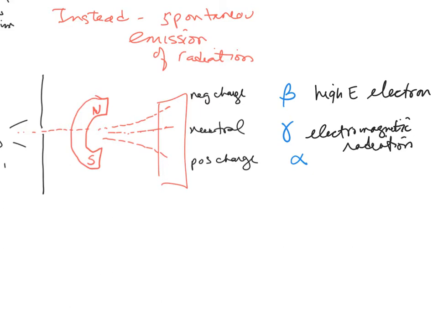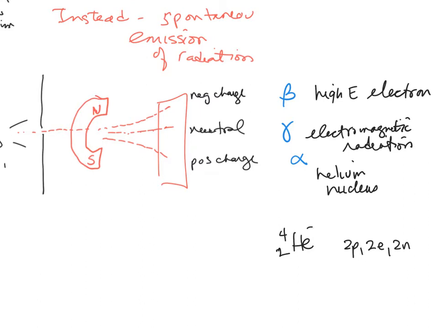And then the positive charge turned out to be a helium nucleus. So helium-4, for example, has 2 protons, 2 electrons, and 2 neutrons by difference of 4 minus 2.